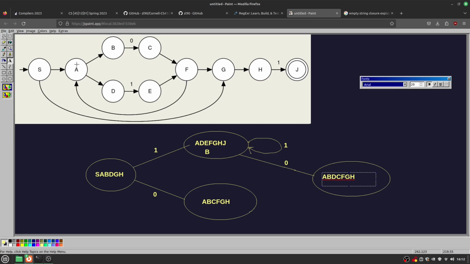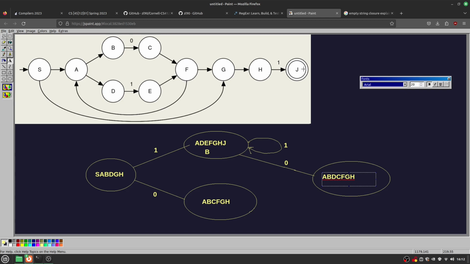From this state anyway. So we take a 1. Oh, hang on. So from J. Oh, but from J, if we're in J, we can get to J, I think.